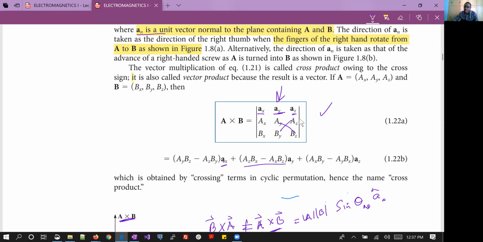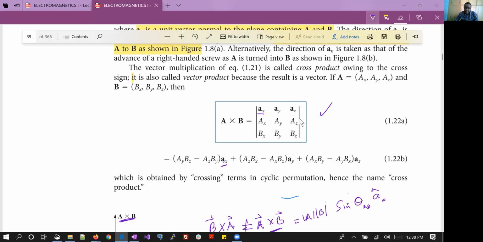The one that some people might have forgotten is this idea, but I can just show them very easily. For the second one, when we cross that line, we put the AY there because it's at the center, and then we say AZ BX minus AX BZ.